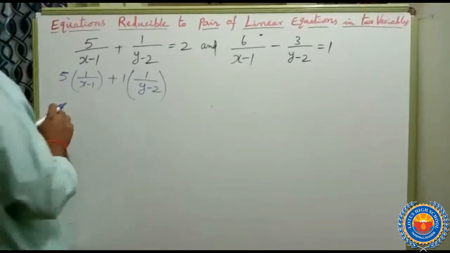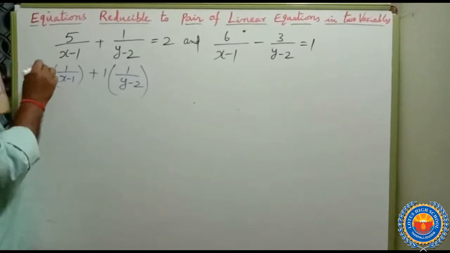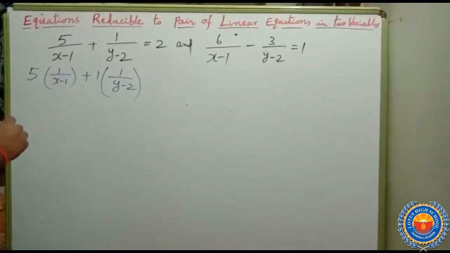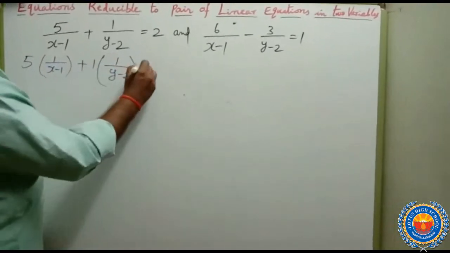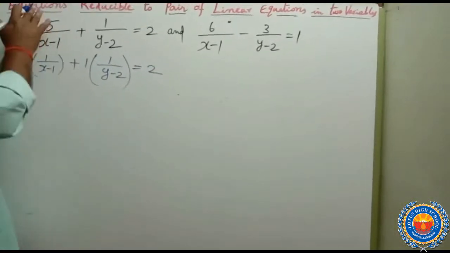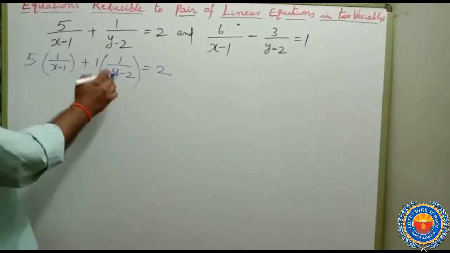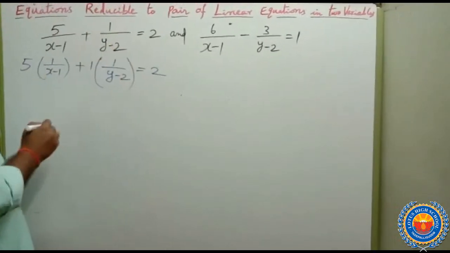Here 5 into 1 is 5 by x minus 1. If you want, you can verify. 1 into 1 by y minus 2.